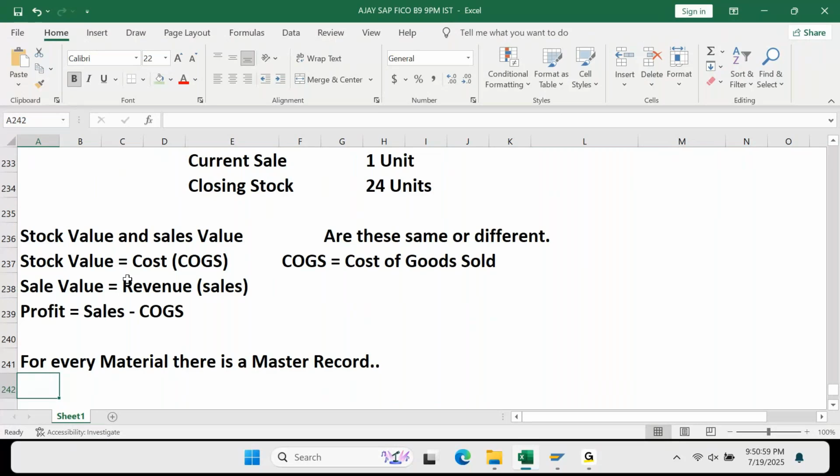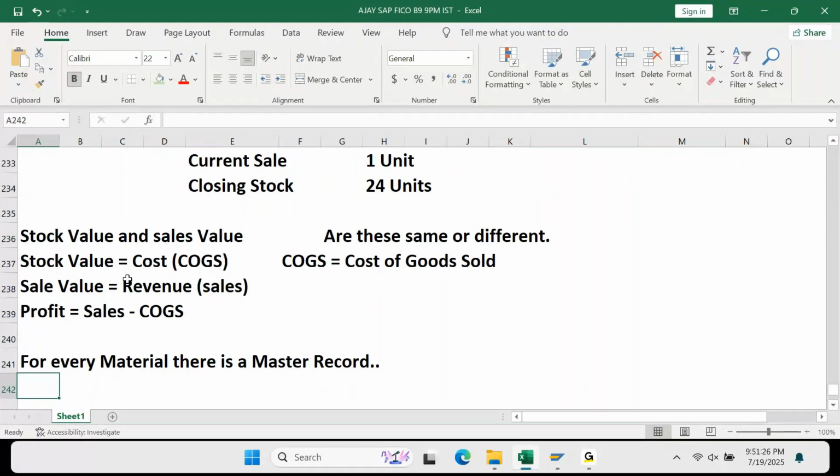Not that I am completely blank, I don't know what is happening. If that is the case, something is really wrong. Forget about SAP FICO, whatever I'm talking now, everybody can in general relate to it, right?